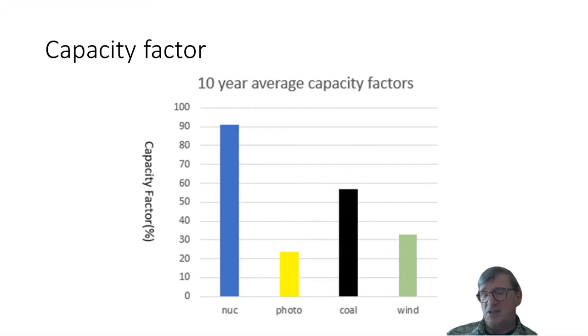The point of this slide is if you need 1,000 megawatts, you would need almost 4 times as much photovoltaic capacity as you would a nuclear plant.